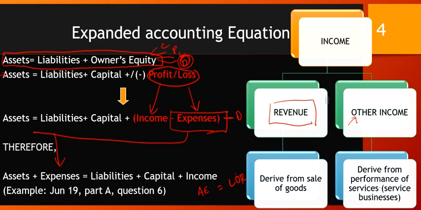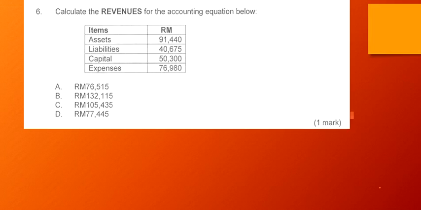Okay, so now let's take a look at the June 19 Part A question 6. So this will calculate the revenues for the accounting equation below. So dia bagi, this will kita calculate the revenue. So terus automatically terus tulis formula LR.